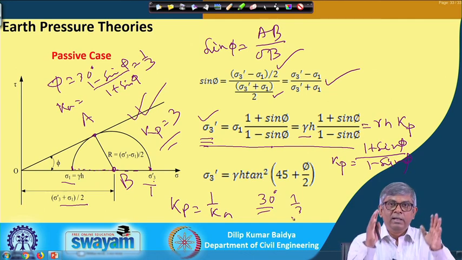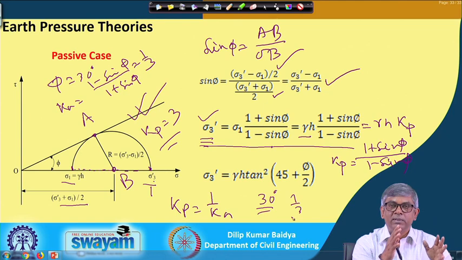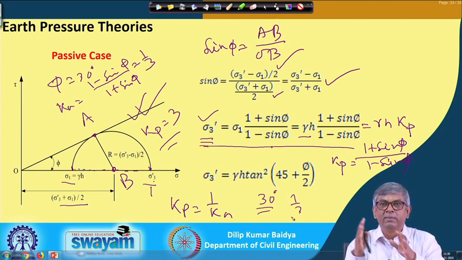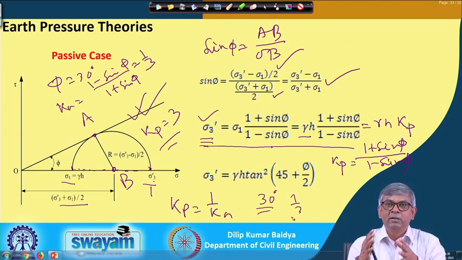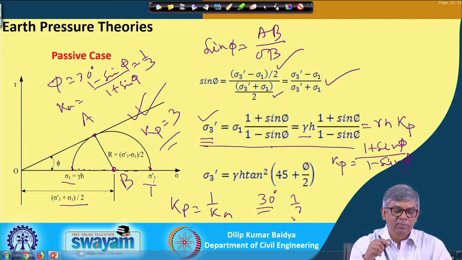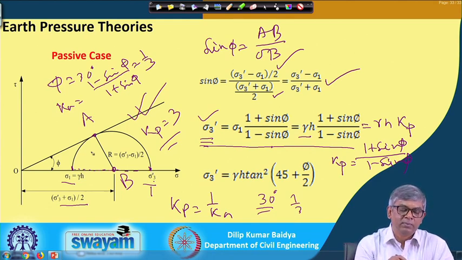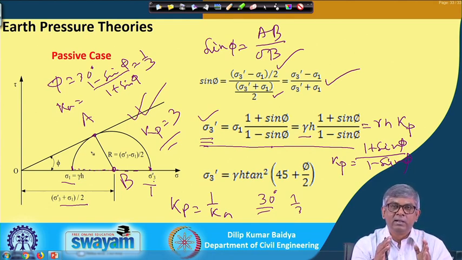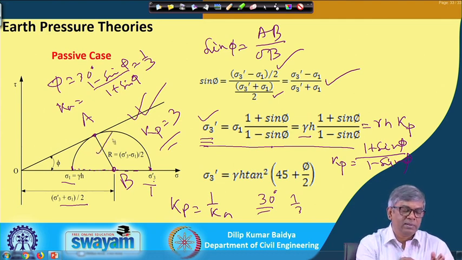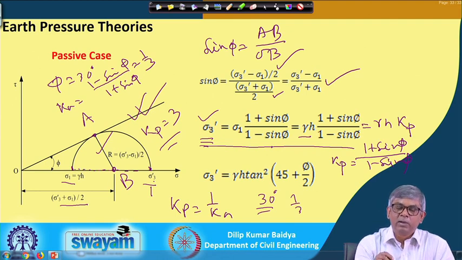So, either by considering the wedge and mathematically maximizing, we find the critical angle, then find the active pressure and passive pressure, and then the angle of the failure plane with the horizontal. By Rankine's theory, we know that at failure the Mohr circle will be tangential to the failure envelope, and from there, geometrically, in both the active and passive cases, we can relate sigma 1 and sigma 3.